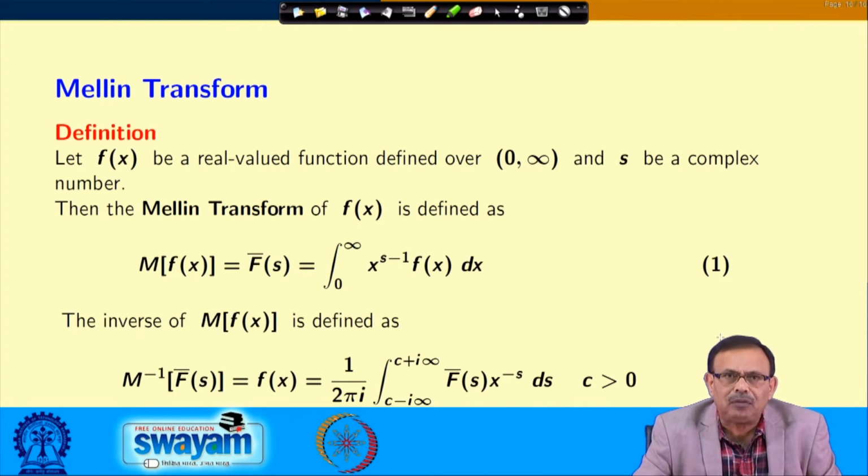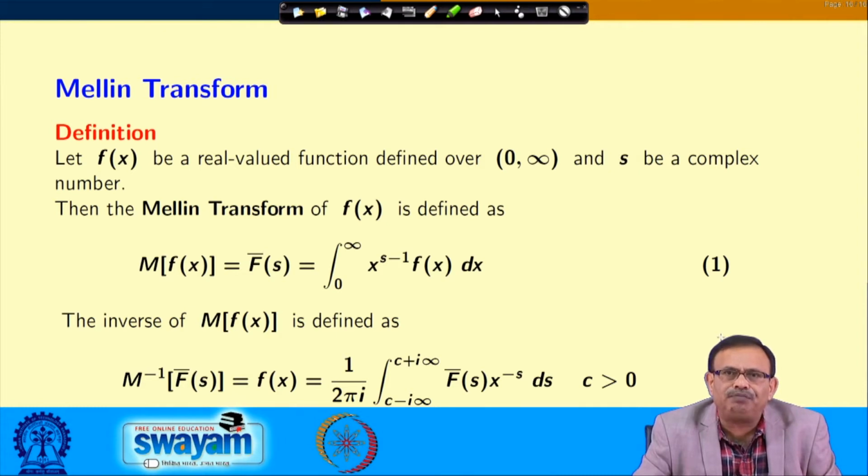Similarly, the inverse Mellin transform is defined as M inverse of F bar(s), which equals f(x), which equals 1 by 2 pi i, integral from c minus i infinity to c plus i infinity of F bar(s) x to the power minus s ds, where c is greater than 0.